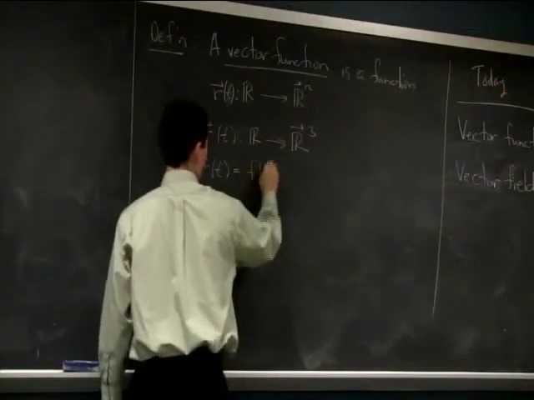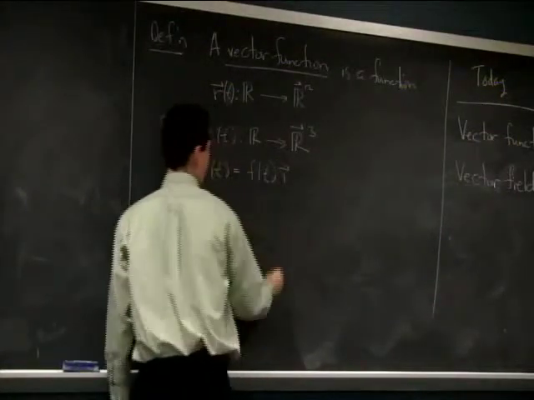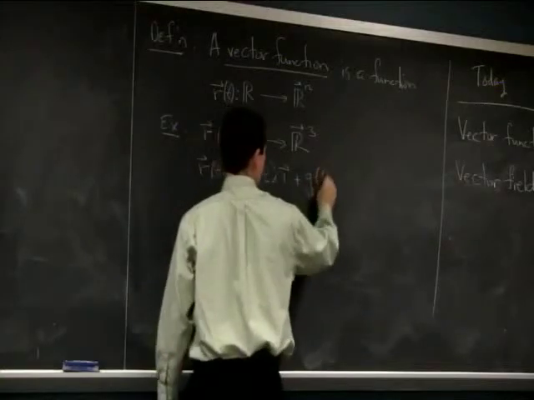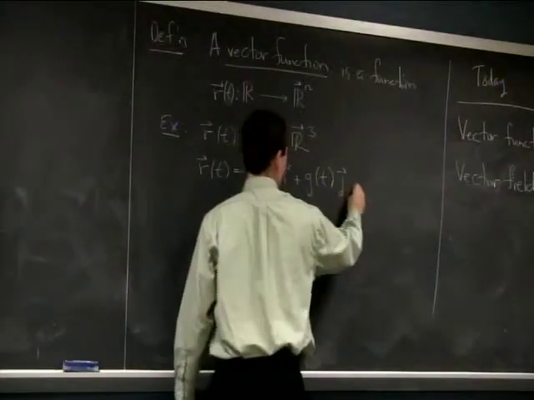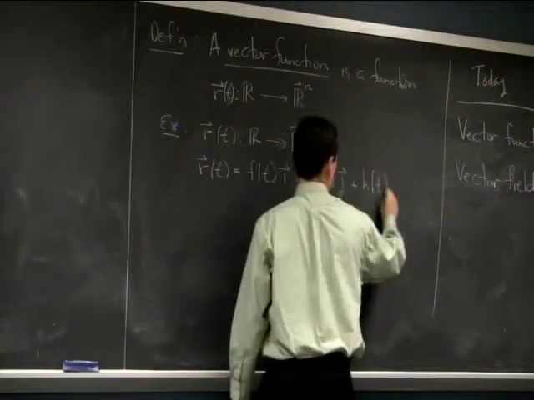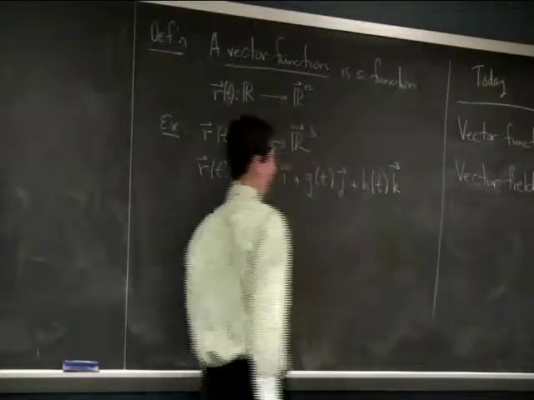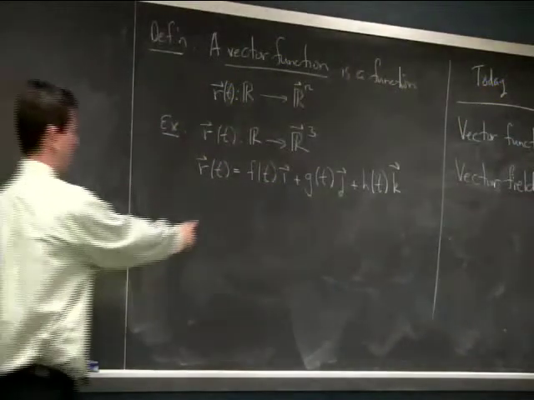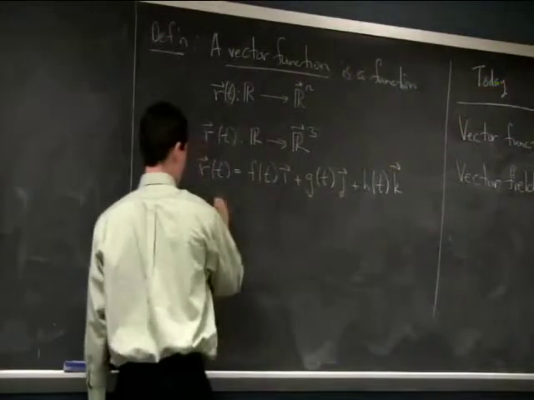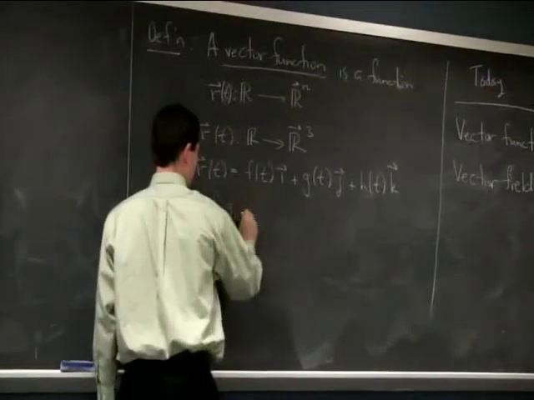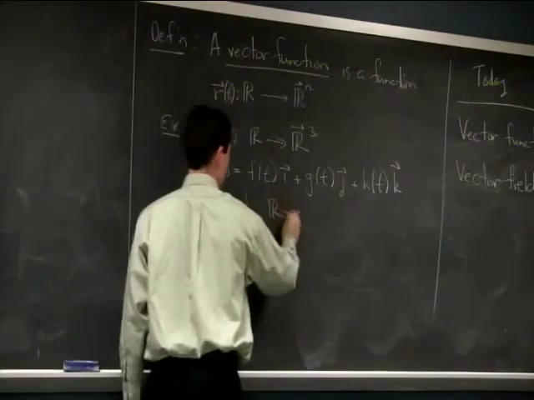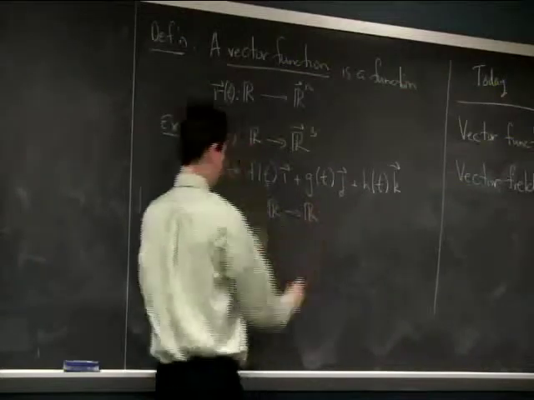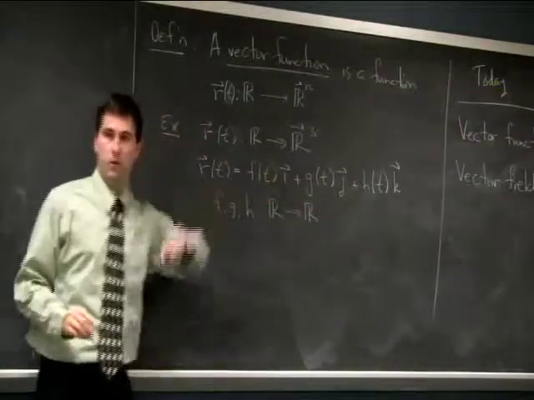It can look like f(t) times i plus g(t) times j plus h(t) times k. So this is a function of t. So these f, g, and h are actually functions that eat real numbers and spit out real numbers, because these should just be coefficients. They should be real coefficients.